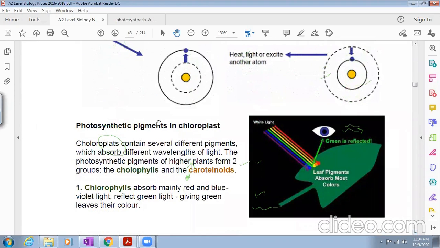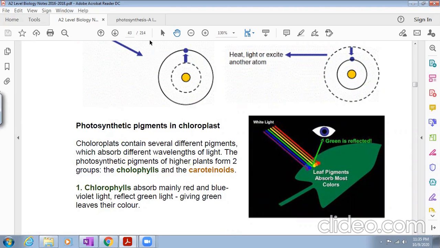Let's see here, photosynthetic pigments in the chloroplast. The chloroplast contains several different pigments which absorb different wavelengths of light. The photosynthetic pigments are found in two groups, chlorophylls and carotenoids. Chlorophylls absorb red and blue-violet light.